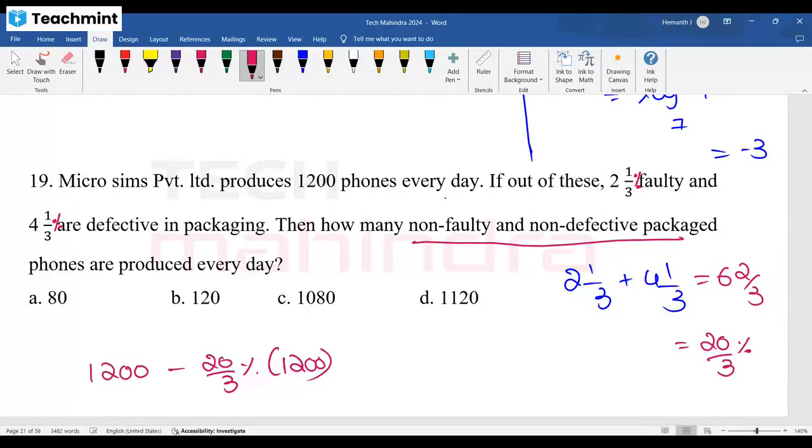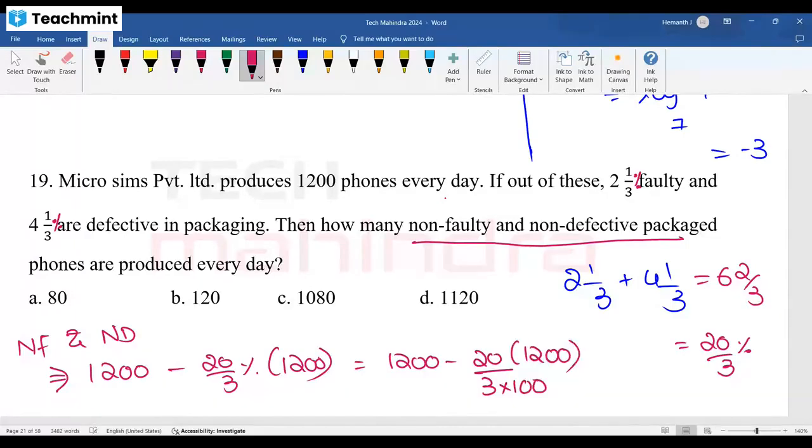Out of the total, how many faulty, how many defective are we removing? Percentage means divided by 100. We'll check once. This is the scenario. 80 is gone, and that's the mistake with the percentage.